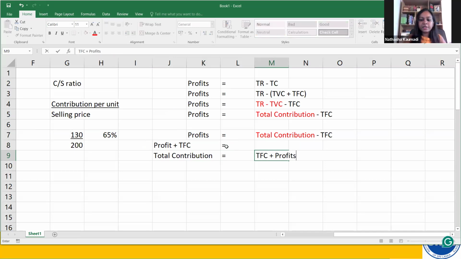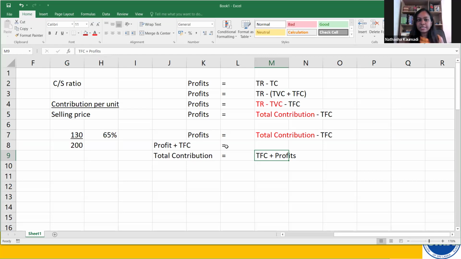That means contribution is there to cover the fixed cost and the remaining part would be the profits. That's the reality. Are you clear? So total contribution equals TFC plus profits.